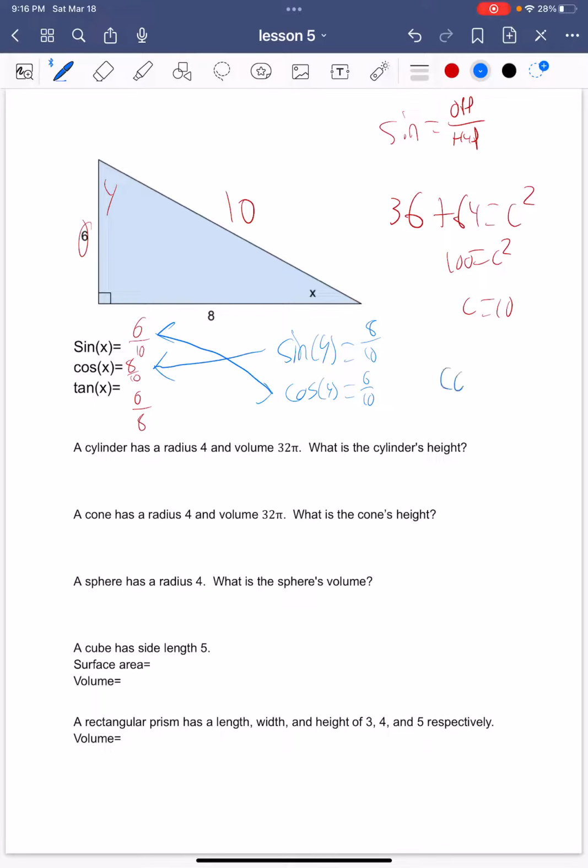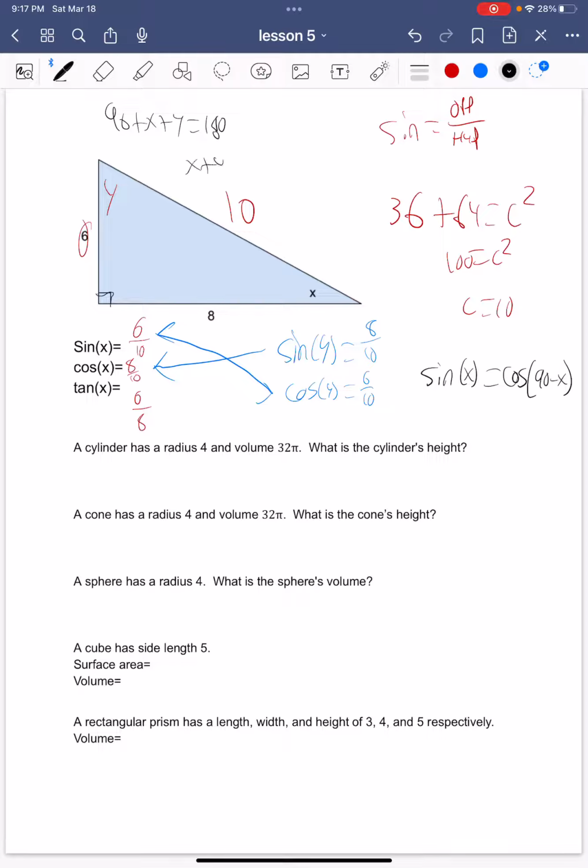That's the theorem here, that the sine of an angle x equals the cosine of 90 minus x. Now, how do we know that 90 minus x is y? Because since this angle is 90, we know that 90 plus x plus y equals 180.